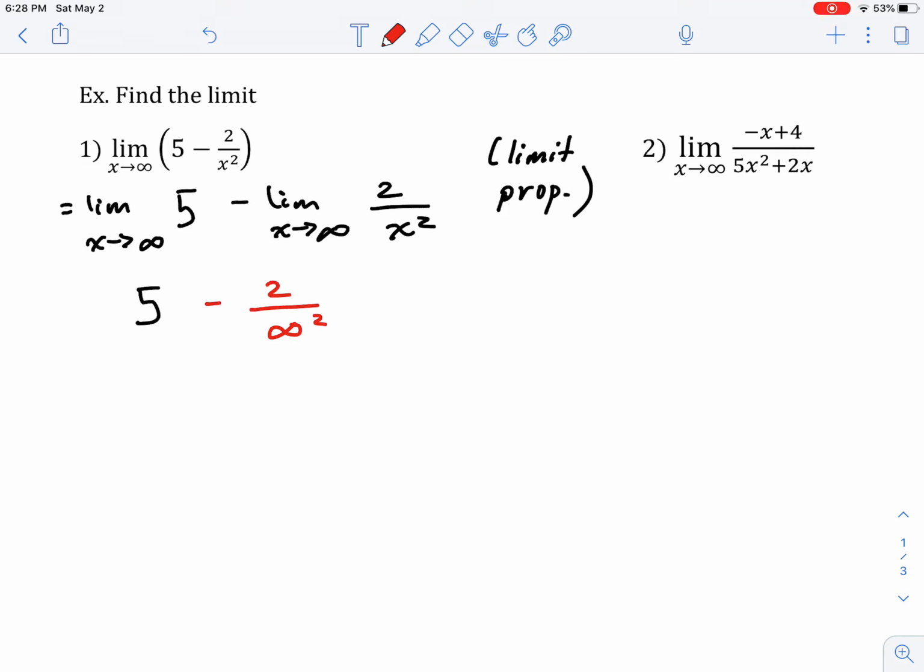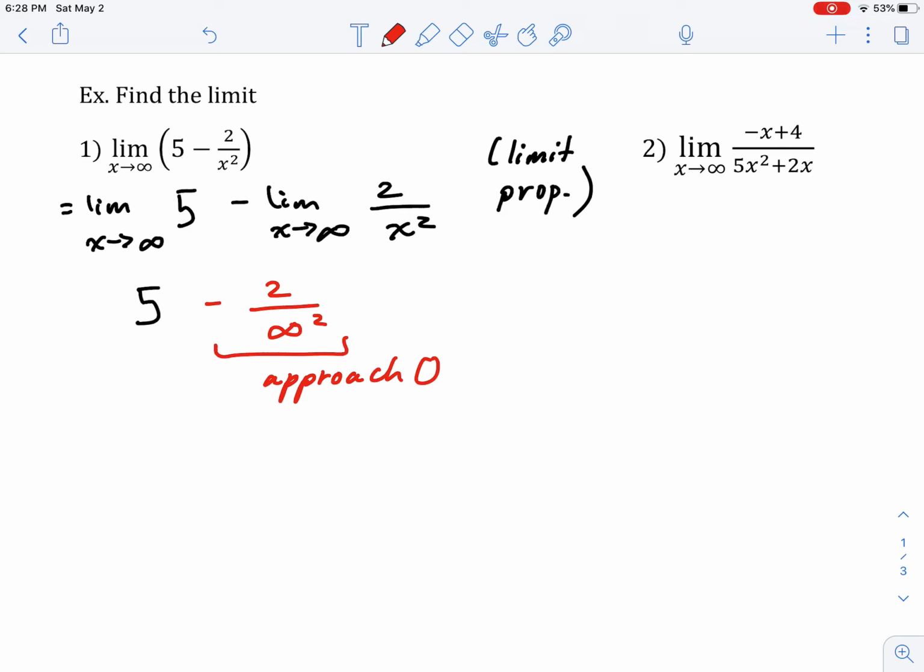Just ask yourself, infinity squared, well, that's a huge number. 2 over infinity squared, as the denominator is really, really large, we know this by now, all of this is going to approach 0. A small number divided by a huge number is going to approach 0.